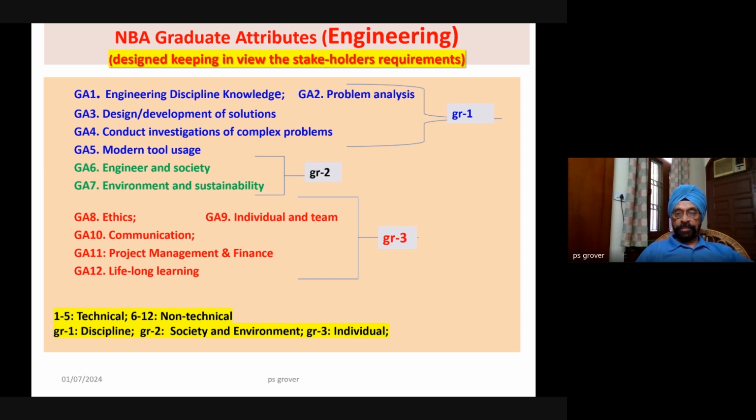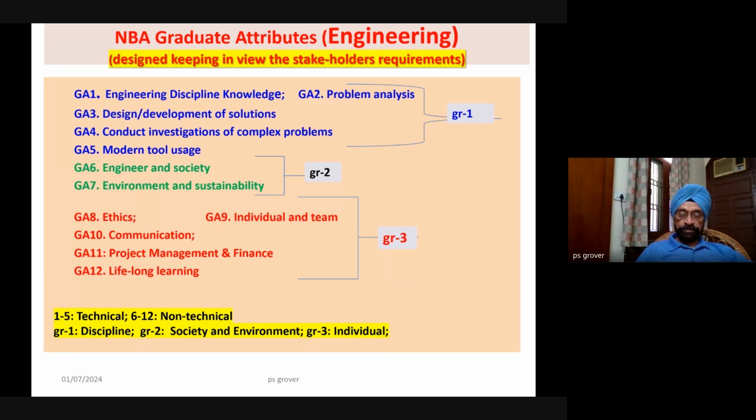There are 12 graduate attributes concerning an engineer: engineering discipline knowledge, problem solving, ability for design and development of solutions, conducting investigation of complex problems, modern tool usage. Now, please see here, NBA specified 12 of these. Out of these 12, the first 5 are technical. Attributes 6 to 12 are non-technical. 6 and 7, that is group 2, consist of society and environment.